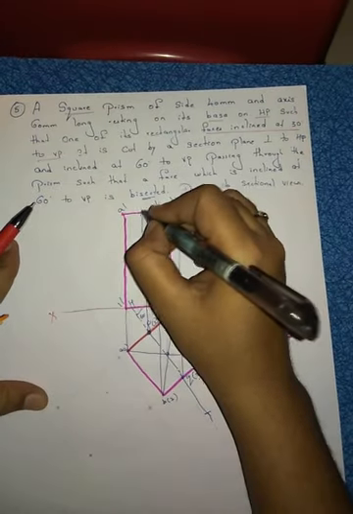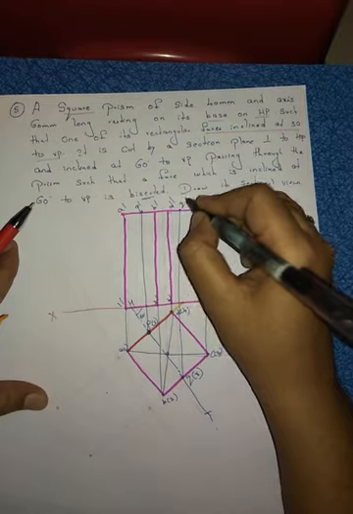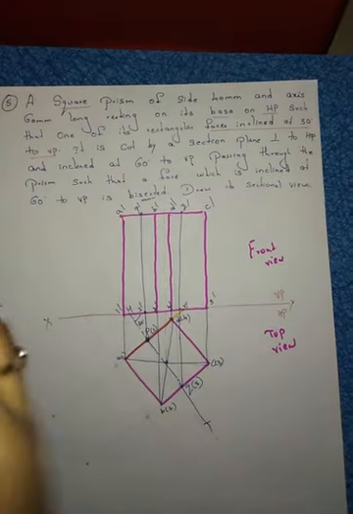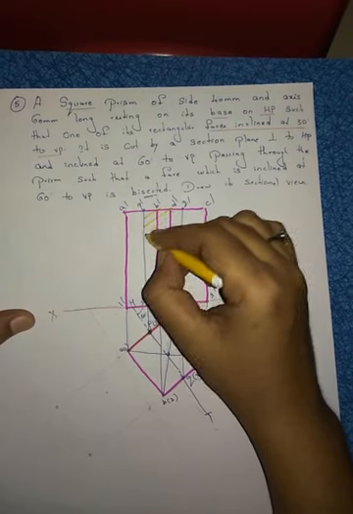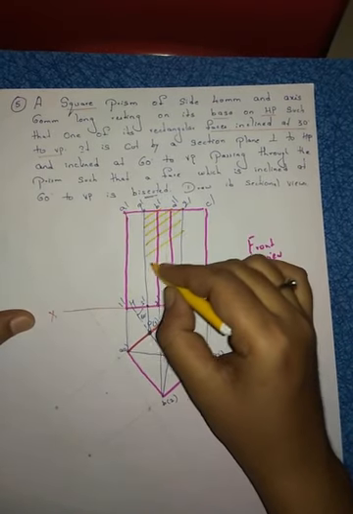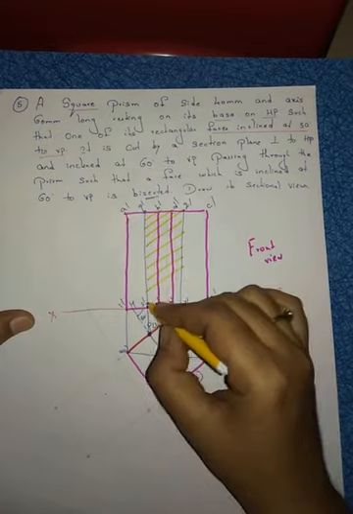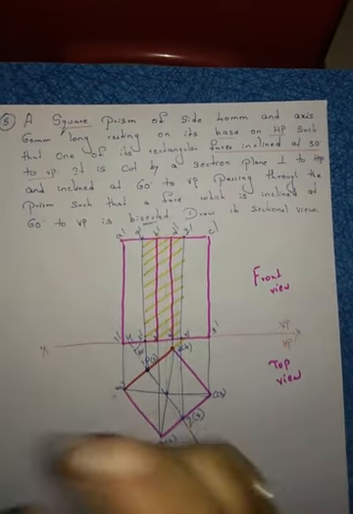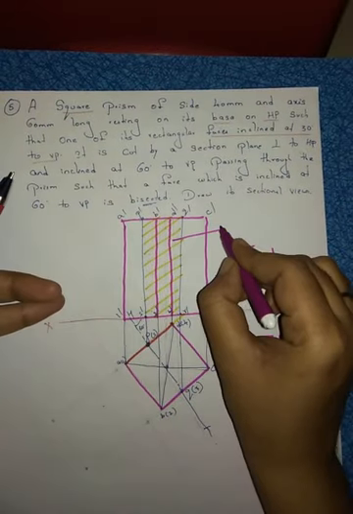So you will get the points P dash, Q dash, R dash and here S dash. P dash, Q dash, R dash, S dash is nothing but your sectional front view. Just mark the sectional plane, mark the points, project that one. This is nothing but your sectional front view.